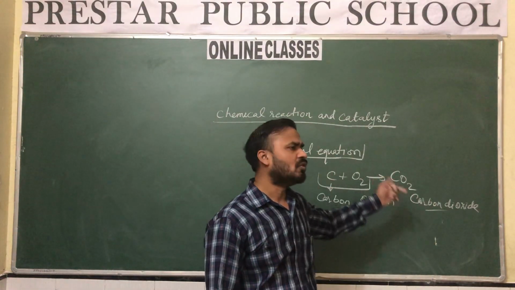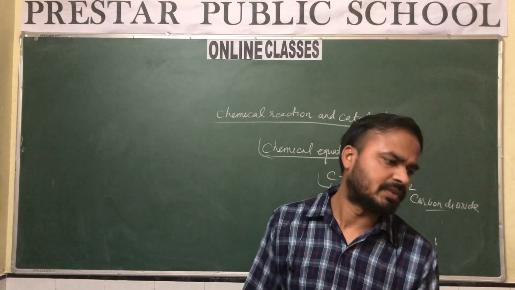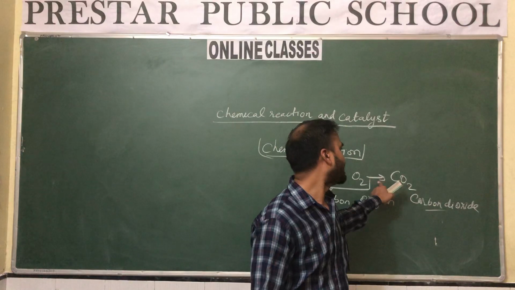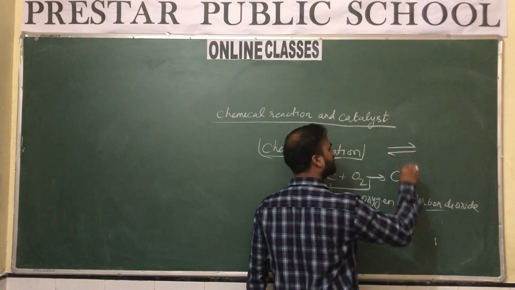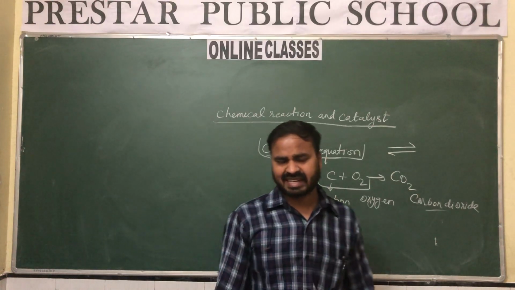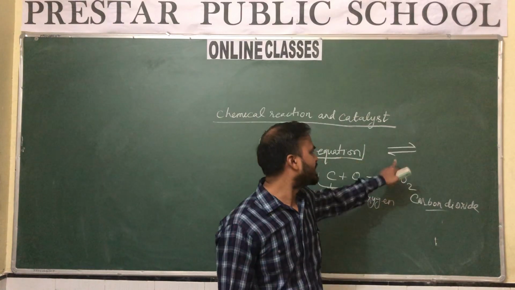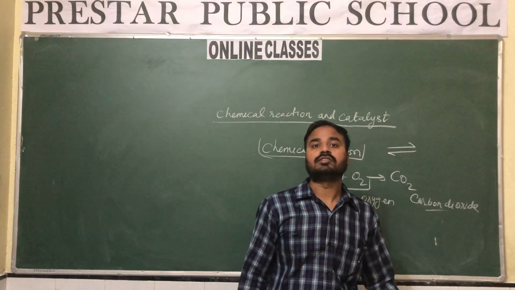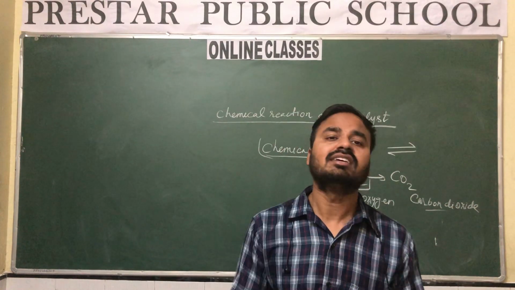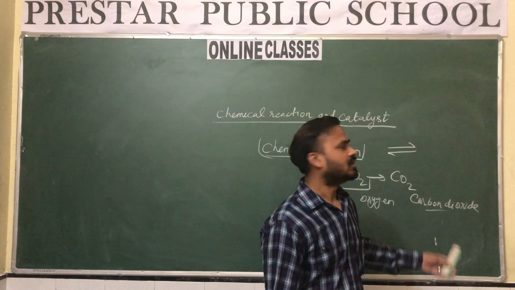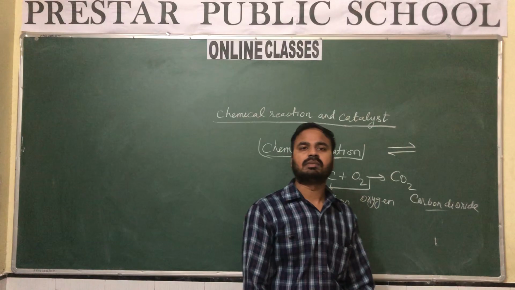And what is meant by the arrow? The arrow shows the direction in which the new substance is formed. If I show a double arrow, it tells that this reaction is reversible. Again you can convert to the same substance, that is meant by a reversible reaction. This single arrow shows an irreversible reaction.